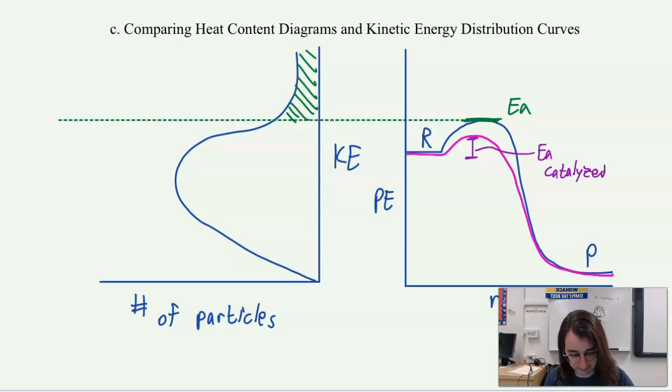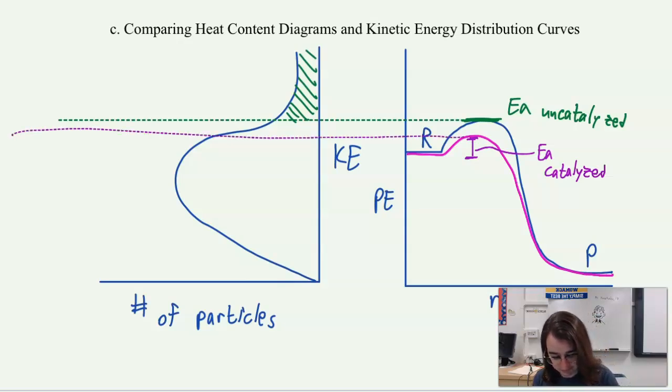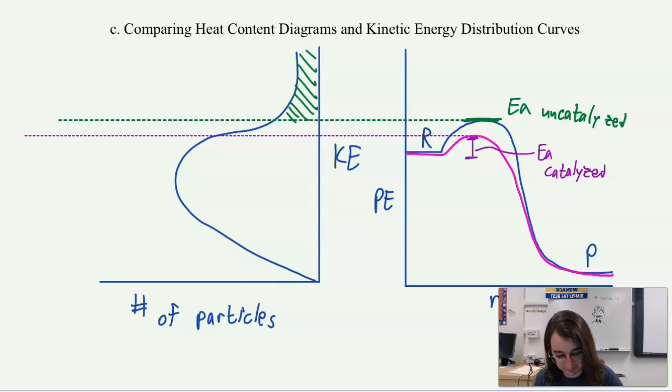And now let's label this one as uncatalyzed. We draw our line across, just like we did before. Straight line. And now you might notice that we are again increasing the number of particles that can overcome that threshold and react.